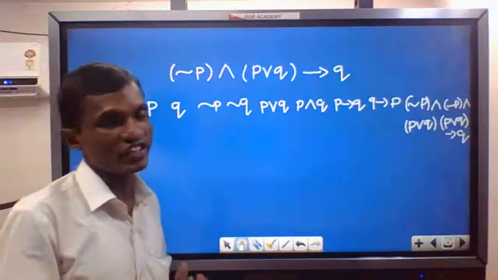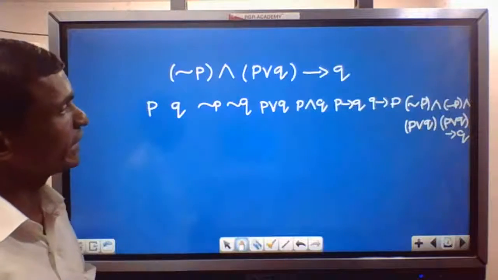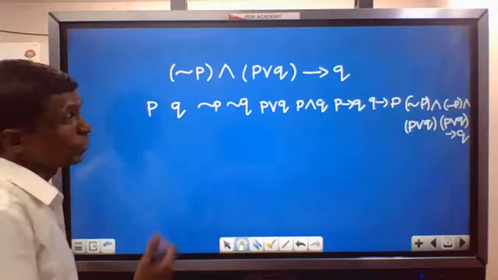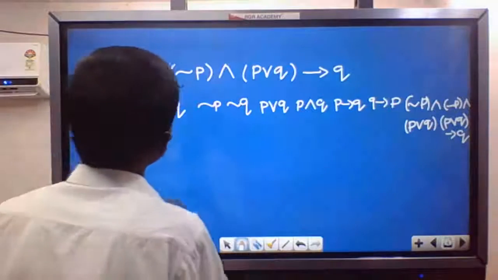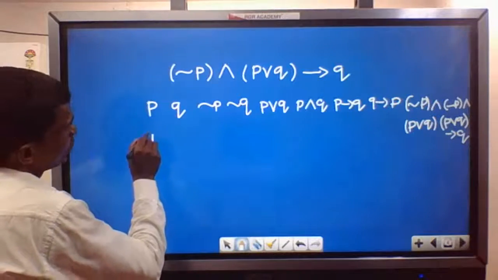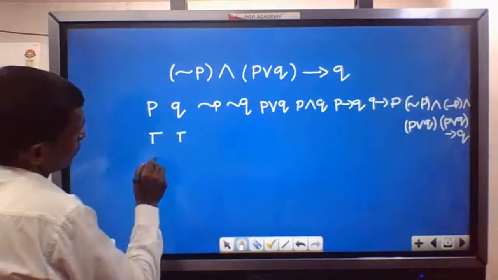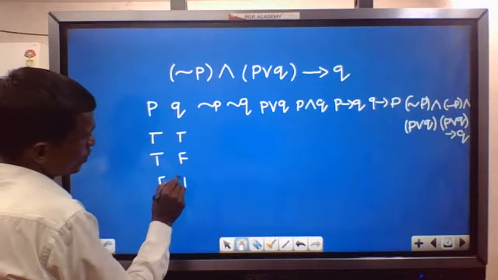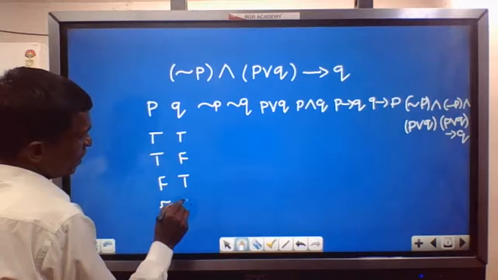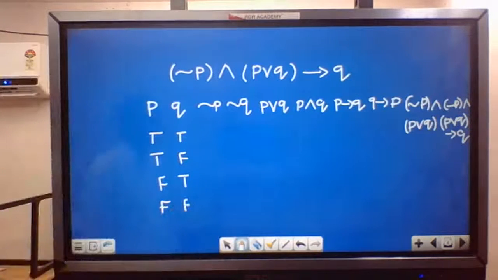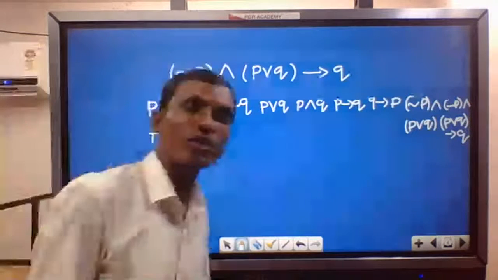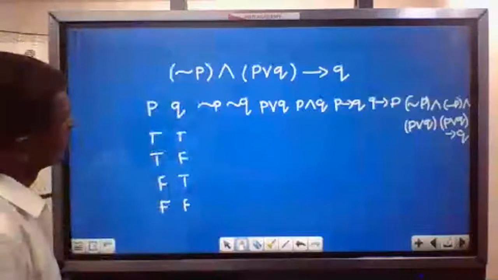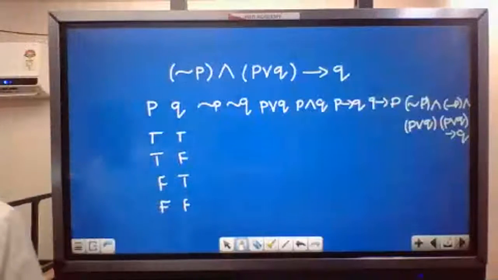In the four options given here, now I take the first option to frame the truth table. True, true, true, false, false, true, false, false. That is called the input. Then negation.